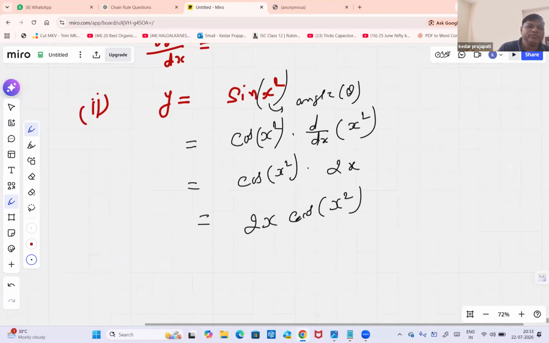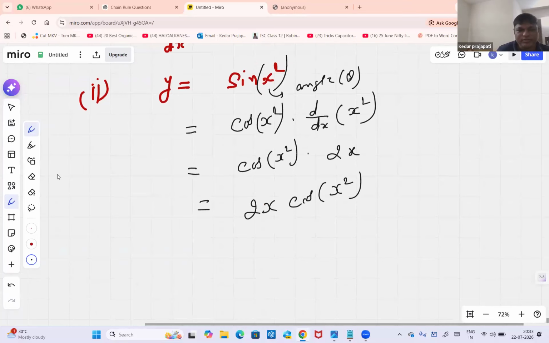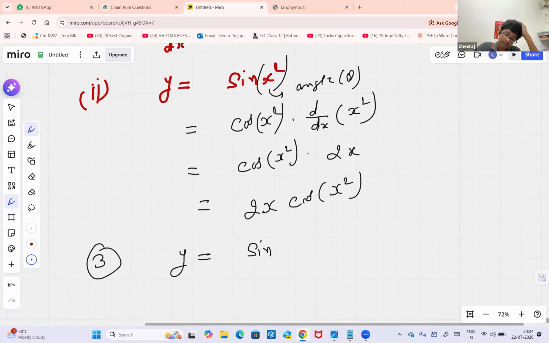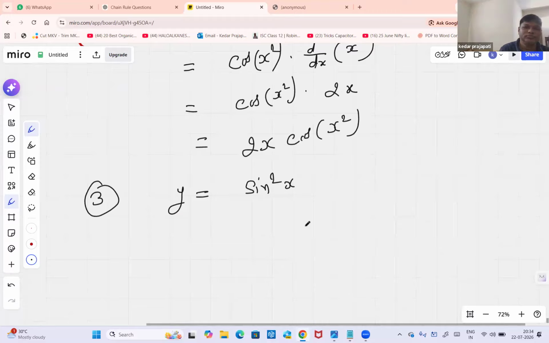So this is one variety of question, right? Now I'm changing this a little bit. I'm changing it to y equal to sine square x. Now, how will we do? Same thing. Sin square x is equal to sin x whole square. This is the angle theta, but this is x square.